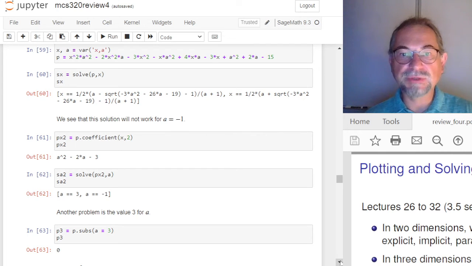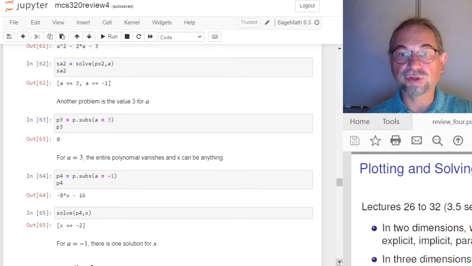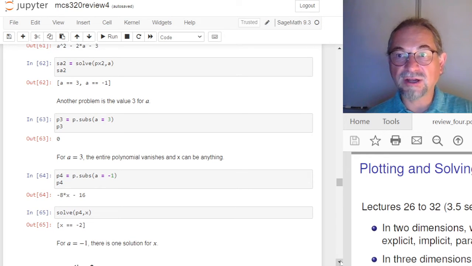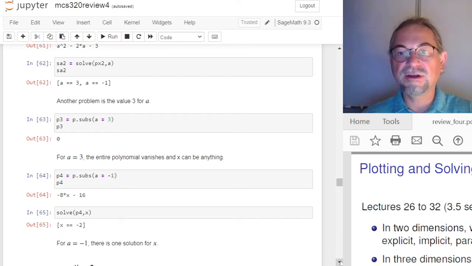So here I'm solving this with the solve command. So this is another way of analyzing and looking at a polynomial, but now a polynomial in two variables. In the first part, we have seen how factorization is connected to root finding.